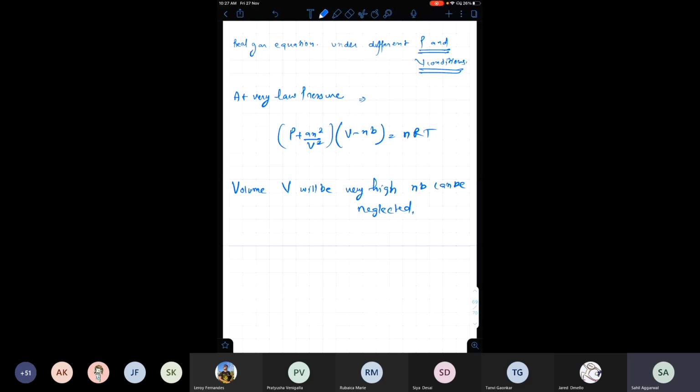Okay, so we will write for 1 mole: P plus a upon V square into V is equal to RT. PV plus a upon V equals RT.